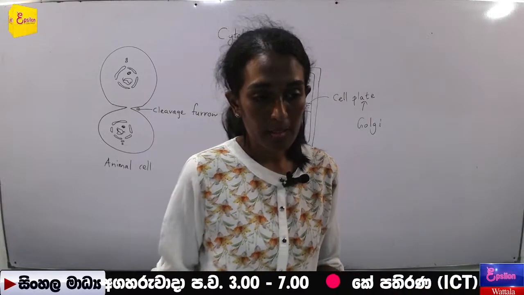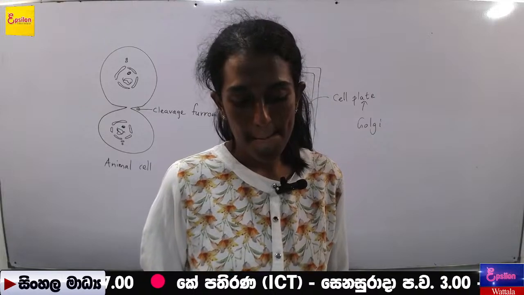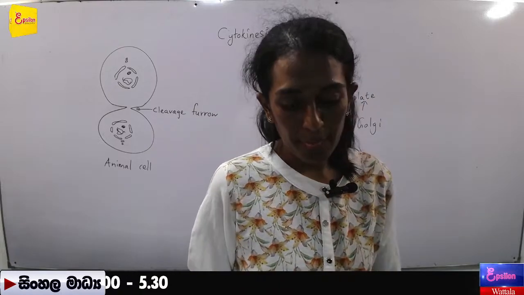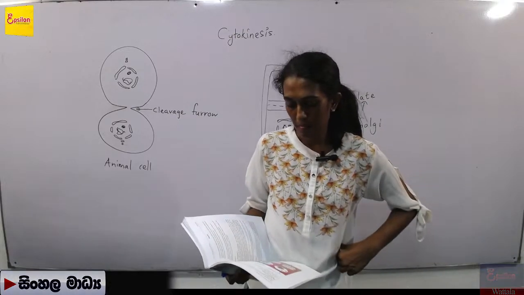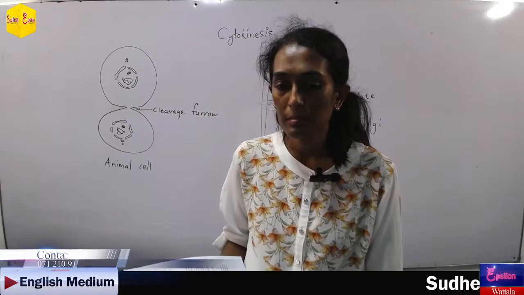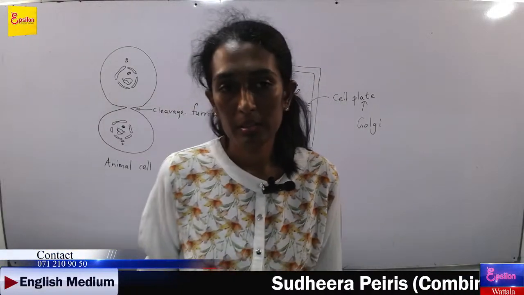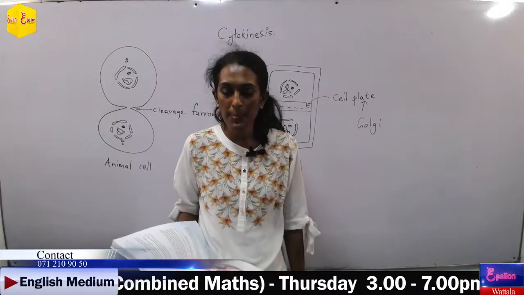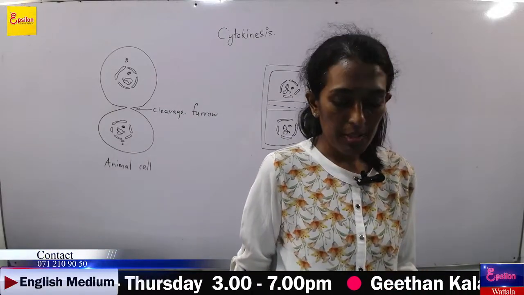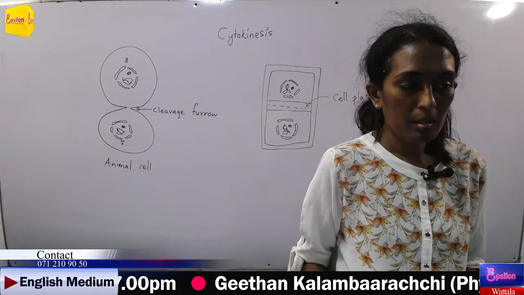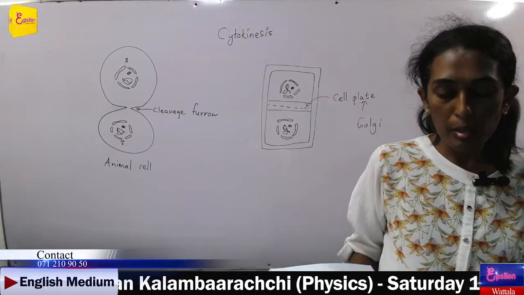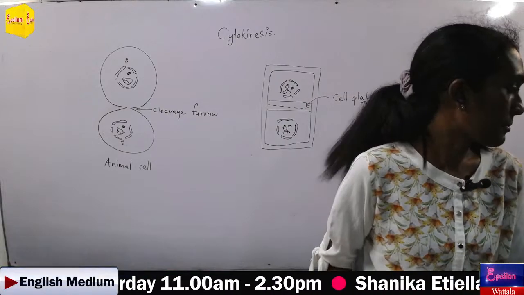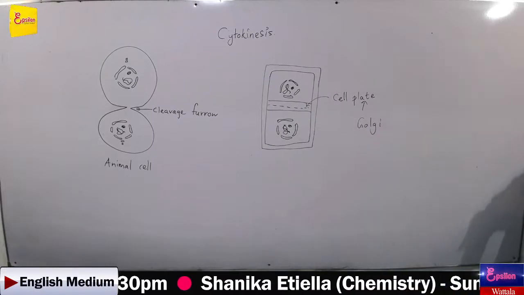In plant cells, cell plate is formed as a result of the vesicles produced by Golgi apparatus. So are you done?